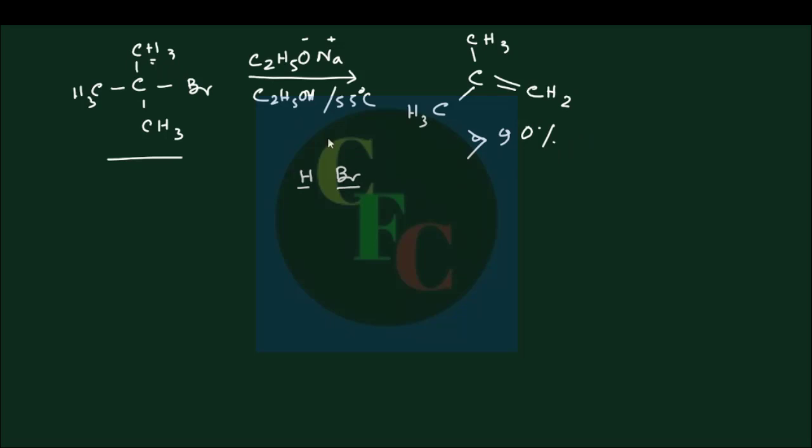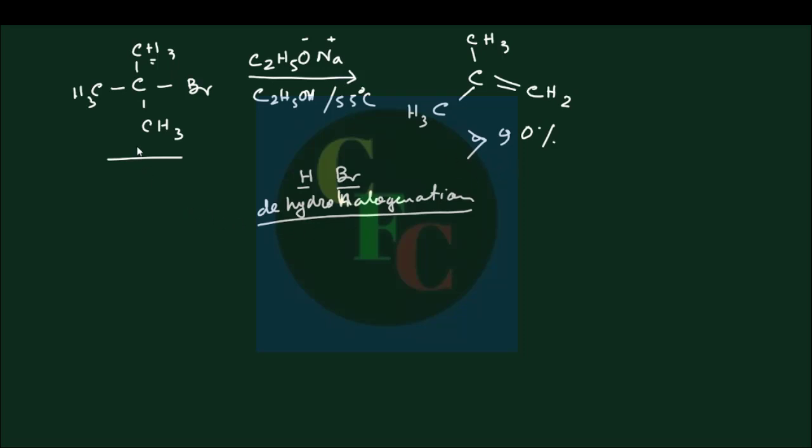Such reactions are called elimination reactions, and particularly this reaction will be called dehydrohalogenation, because de means to subtract, hydro from hydrogen, and halogenation. In this case it will be bromination, but commonly it is called halogenation. So dehydrohalogenation is an example of elimination reaction.